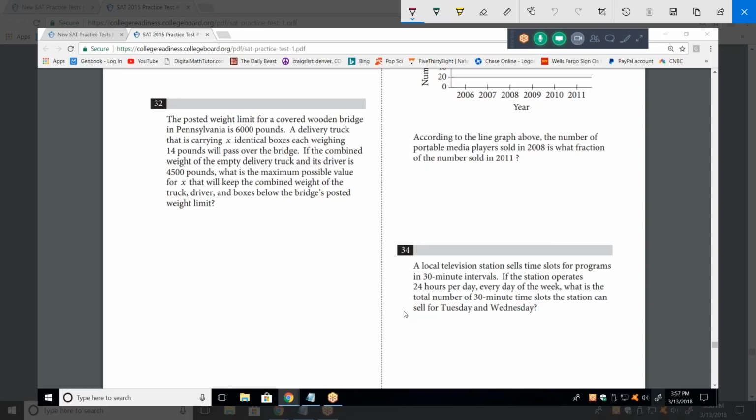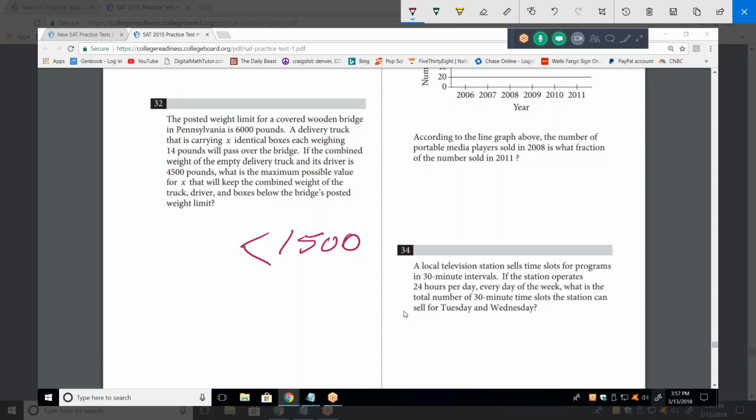The bridge can only hold 6,000 pounds. So what's the maximum the boxes can weigh? 1,500 for all the boxes? Correct. So their weight has to be less than 1,500. Otherwise, everybody plunges to their death.